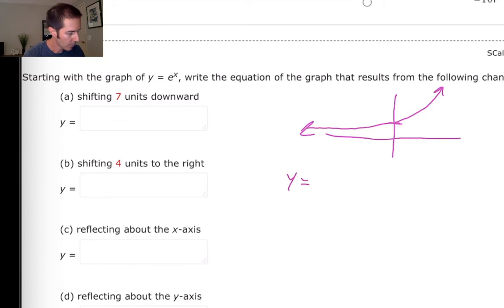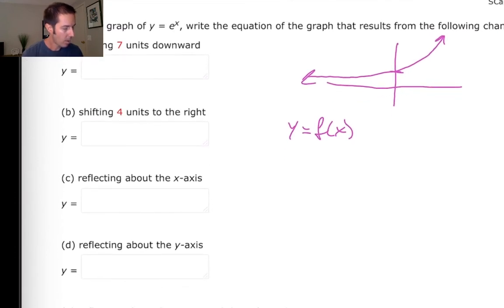If y equals f of x is our parent function, then if we were to implement all of the possible transformations we could write this as y equals a times f of, I'll go all the way with this, b times (x minus h), plus k.